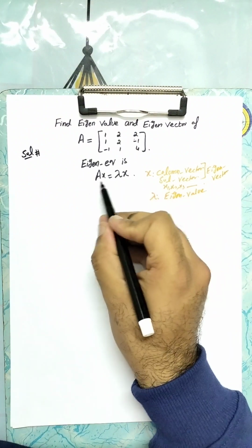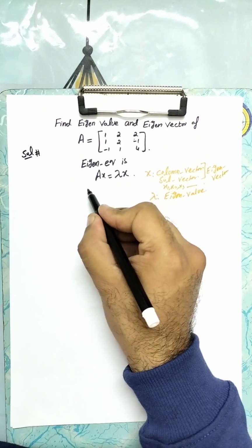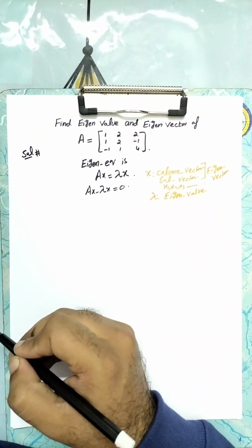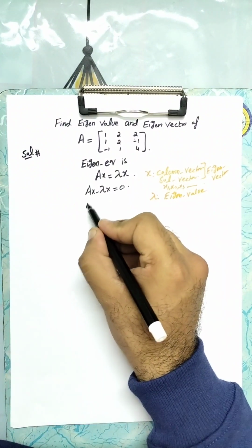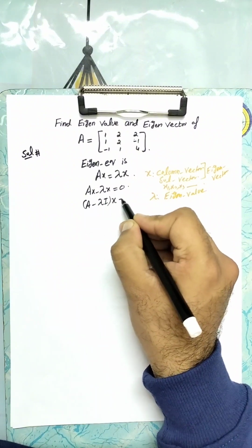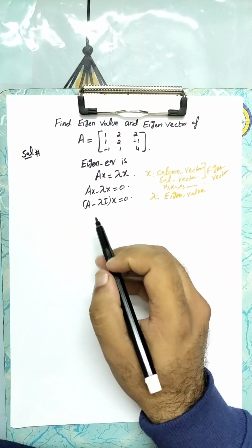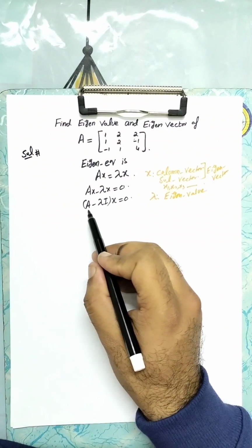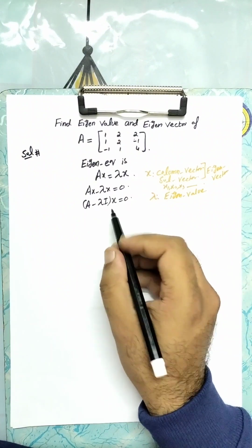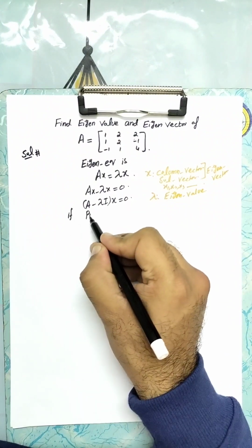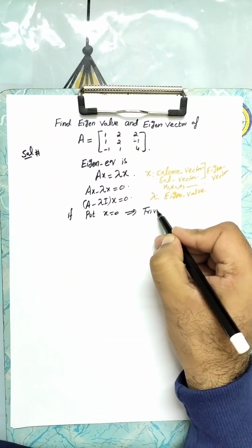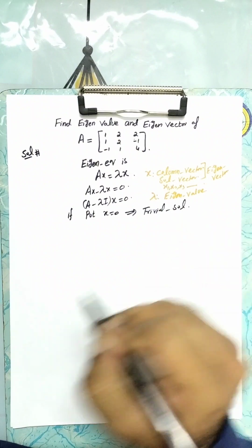If we write this equation, Ax minus lambda x is equal to 0, and we write this as (A minus lambda I) x is equal to 0. So we have two possibilities here: A minus lambda I is equal to 0, or x is equal to 0. If x is equal to 0, this implies the trivial solution.